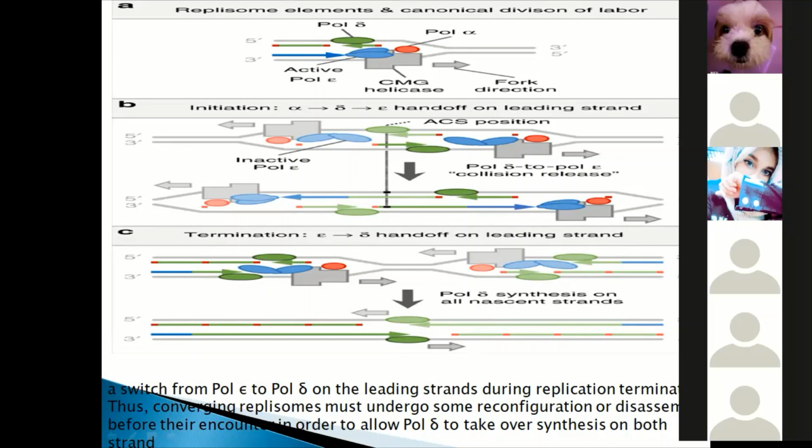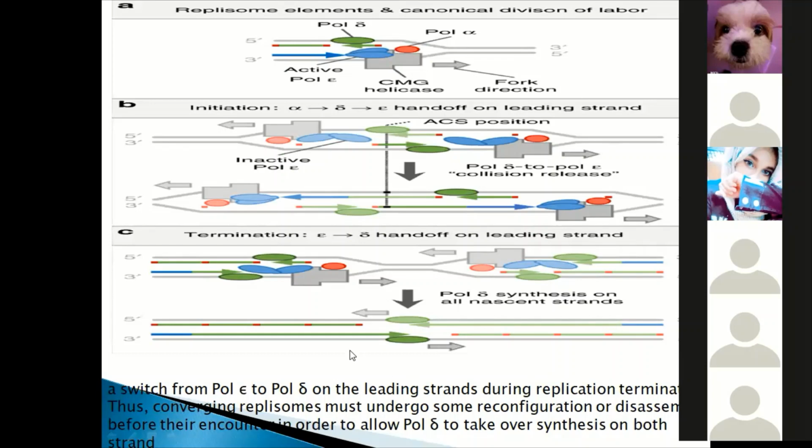Here, what happens is a switch from polymerase eta to polymerase delta on the leading strand during replication termination. Thus the converging replisome must undergo some reconfirmation or disassembly before encountering, in order to allow polymerase delta to take over synthesis on both the strands. So there is a reconfirmation, and the function changes.